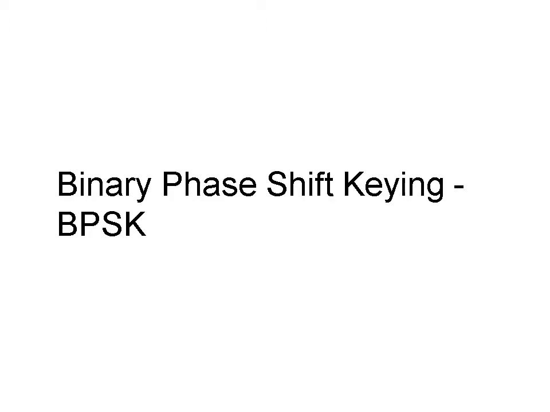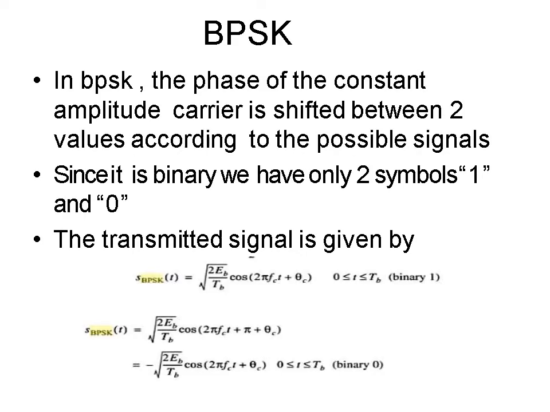So first we are going to see BPSK, that is binary phase shift keying. In BPSK, the phase of the constant amplitude carrier is shifted between two values according to the possible signal. Since it is binary, we have only two symbols, 1 and 0. The transmitted signal is given by the equation shown here.